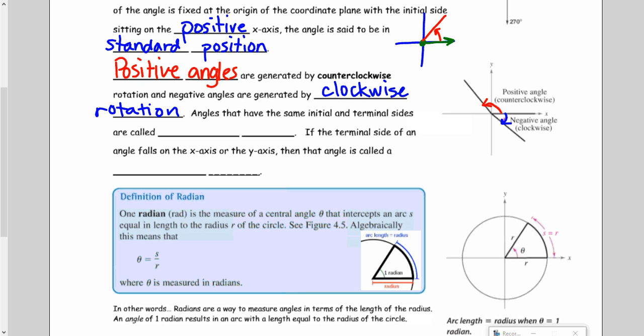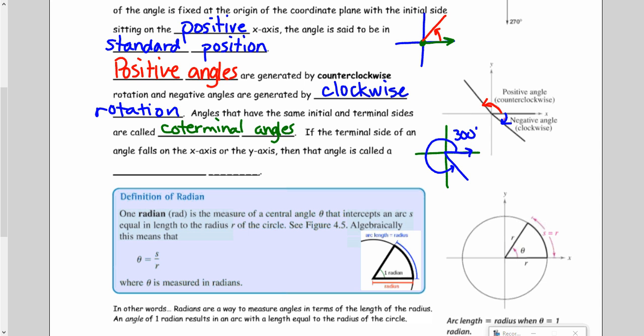And then we have one more word to deal with. Angles that have the same initial and terminal sides are called coterminal angles. Co meaning the same, terminal meaning end. If I had a positive 300-degree angle, it's in standard position because I started with the initial side on the positive x-axis and turned counterclockwise.